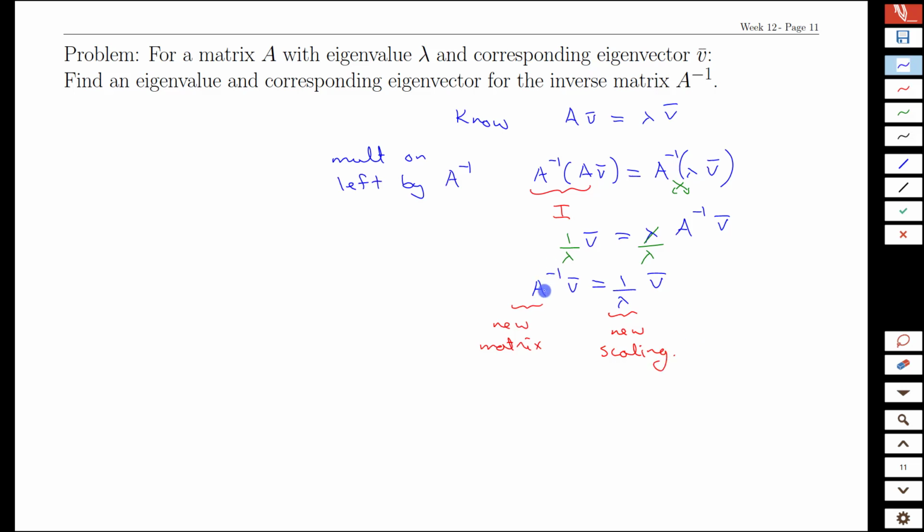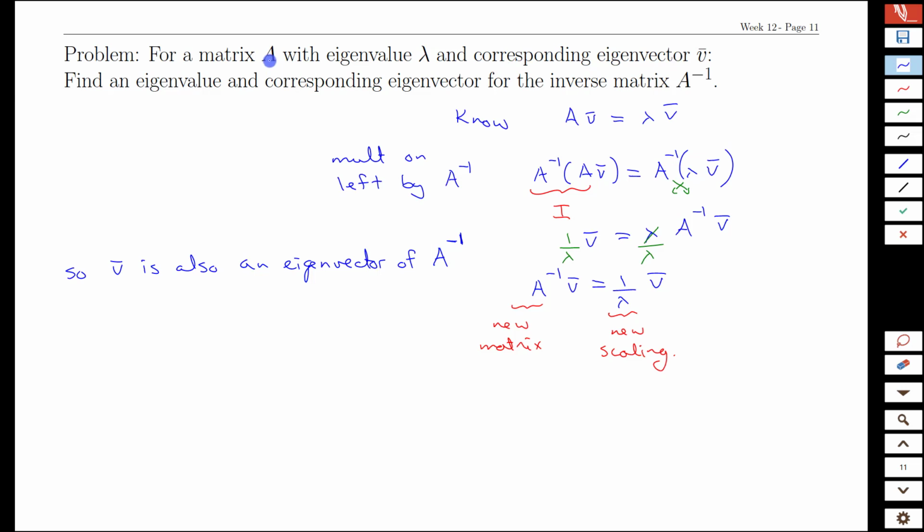Oh look, when I take the inverse matrix and multiply it by v, I get the same vector back, but scaled by 1 over lambda. So v is also an eigenvector of A inverse.